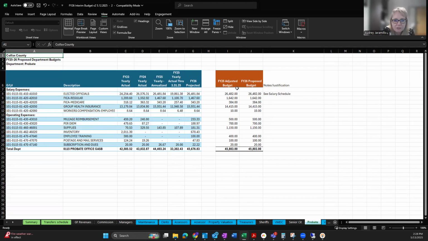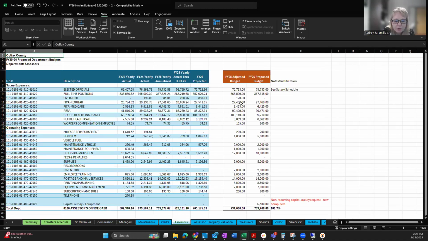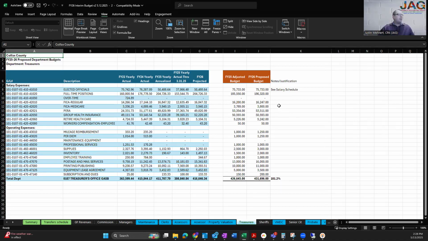Okay, we'll do that. So probate was unchanged, Audrey. It's literally no change from prior year. Not a lot going on in there, and we already went over assessor. What about treasurer? A little bit of an increase. Very similar. Just a couple small tweaks in there.